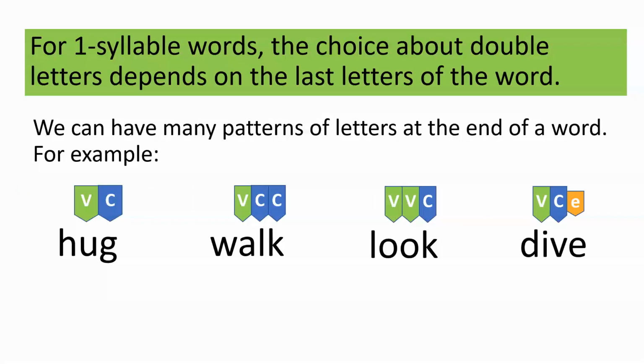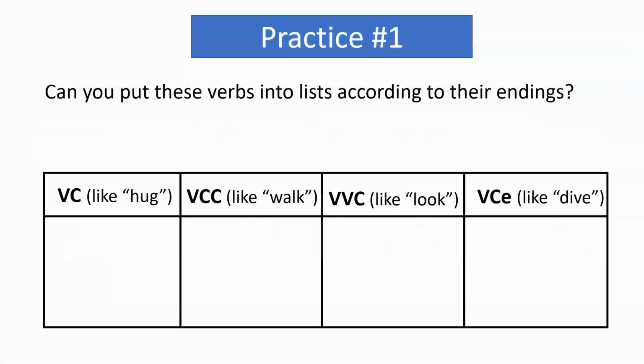So all of these words kind of fall into different categories, and to make the decision about double letters, you have to be able to see very quickly if you have vowels or consonants at the end of the word. Now, let's just do a little practice with this.